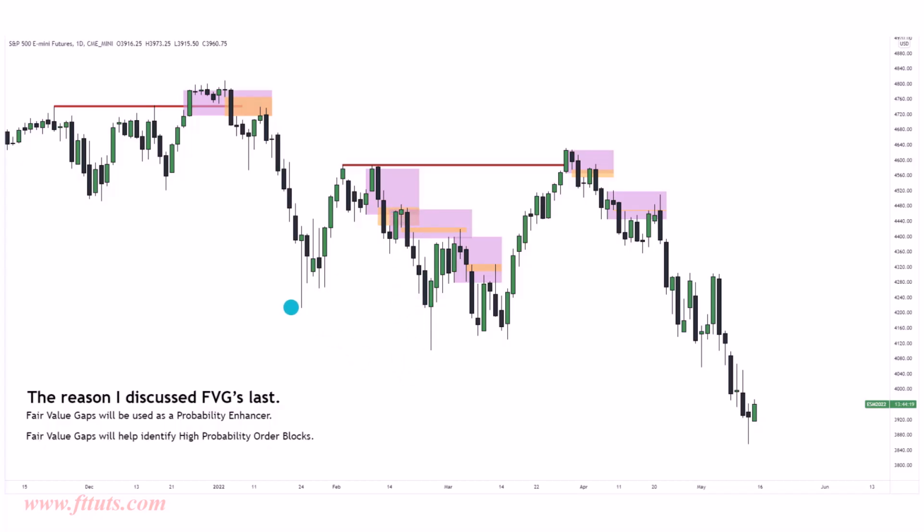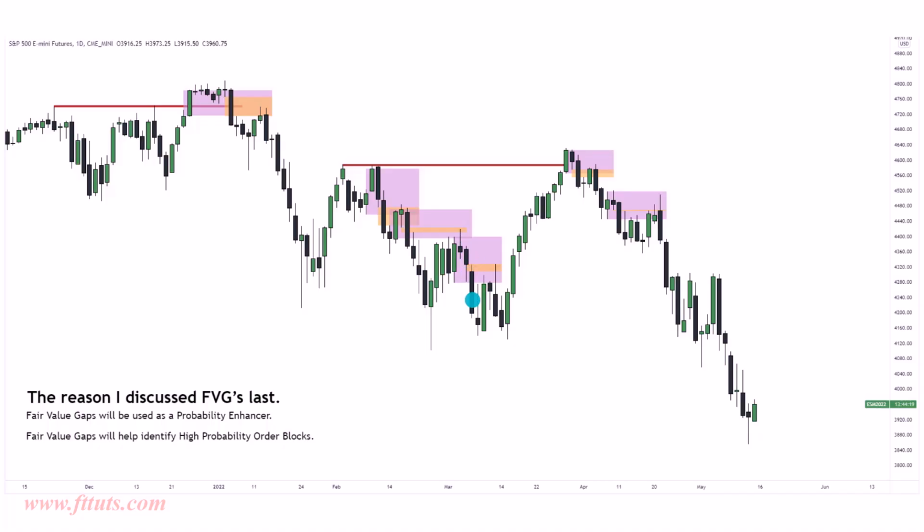Okay. Price takes out a recent low, offers a retracement into this order block. Look what's inside that order block. We have a fair value gap here. That's a high probability order block. Okay. Same thing here. This is the more aggressive order block. You can see up candle with a volume imbalance.